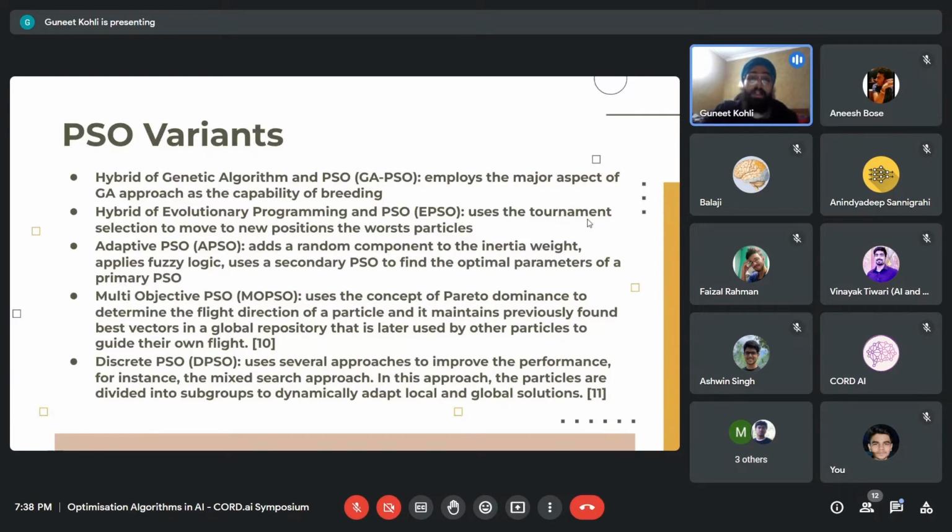So you can come up with a lot of variations. I've found personally that people have experimented so much with PSO that even young authors are publishing papers on PSO with different variations. This can be a good approach if you want to go through such papers.